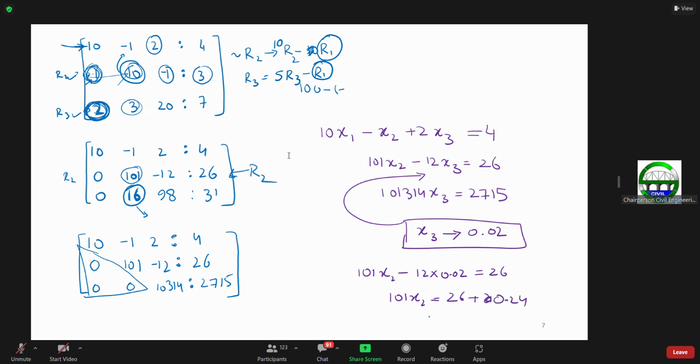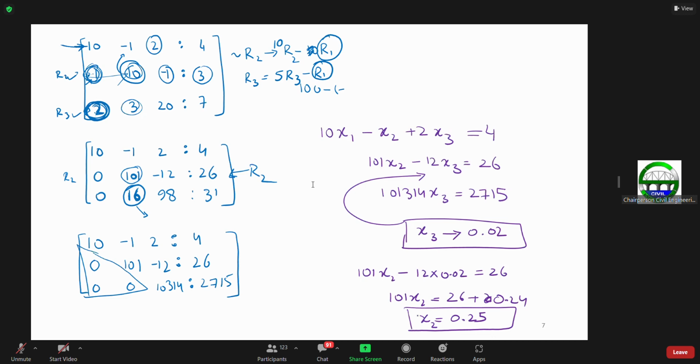And then you can say that x2 is equal to 0.24 plus 26 divided by 101, which is equal to 0.25, x2.